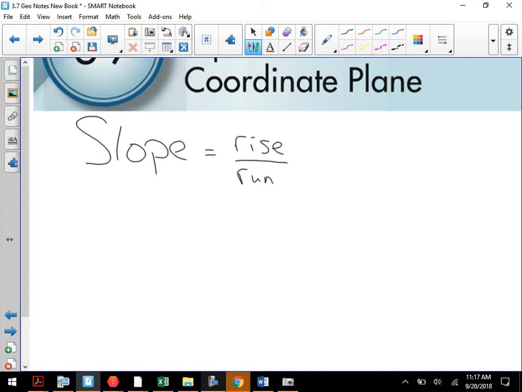Up and down goes Y, left and right goes X. So that means, and I don't know if you've ever written it like this before, the change in Y over the change in X. You ever seen that with the triangle? The triangle is the Greek letter delta, and in math that represents change. Change in Y over change in X.